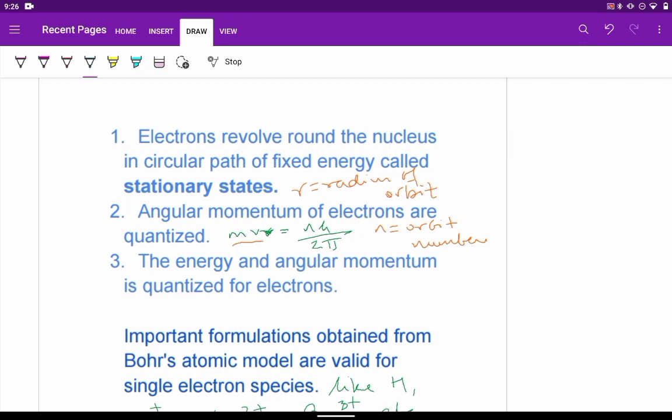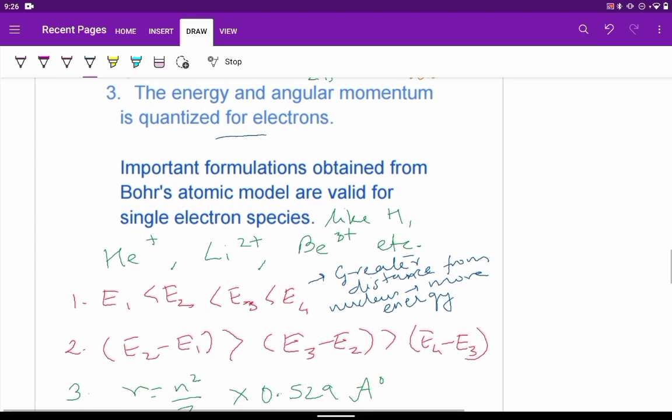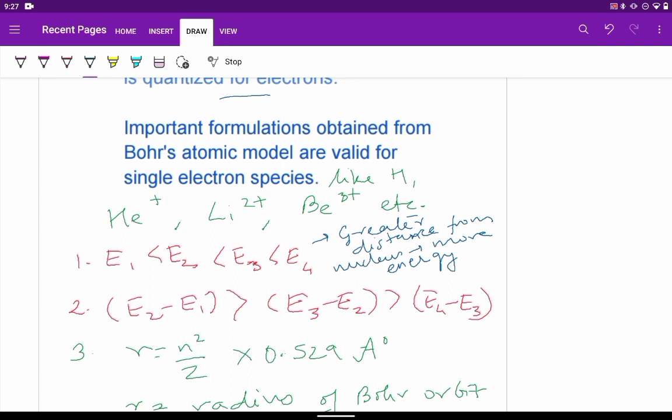So we find from here that the energy and angular momentum are quantized for the electrons. From Bohr's atomic model, we get some important formulations, because these are for single electron species like hydrogen, He plus, Li2 plus, Be3 plus.